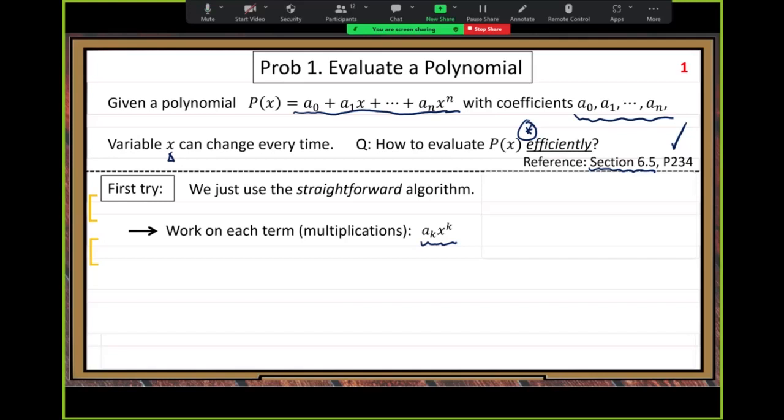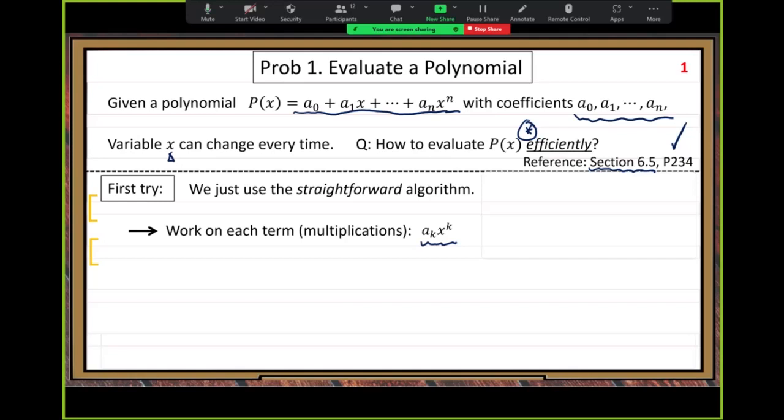We just take a representative. It is a general term and it covers all the other terms. When you look at this representation, a coefficient times x to the kth power, we only need to do multiplications, right? We don't need to do any addition.